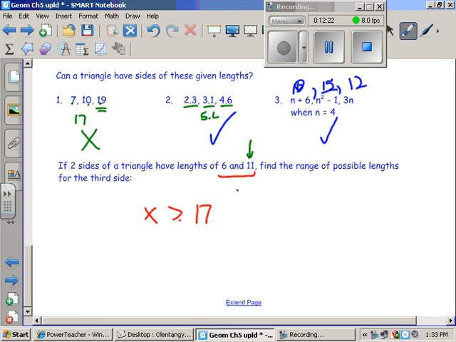So my second side cannot be less than or equal to 5. So x has to be greater than 5 and less than 17, because these two have to add together and be larger than 17, but it has to be at least 5, because 5 plus this second side has to be greater than 11. Okay?